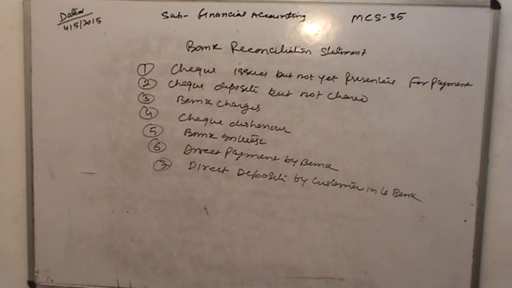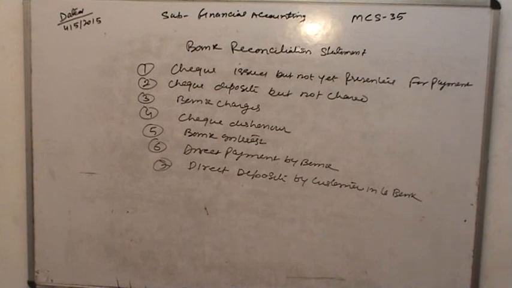And next is bank charges. The bank provides day-to-day services, and it deducts some amount or debits the organization's account directly without any intimation to the organization. Therefore, the balance of passbook is reduced and the cash book is not reduced, so the balance is mismatched.